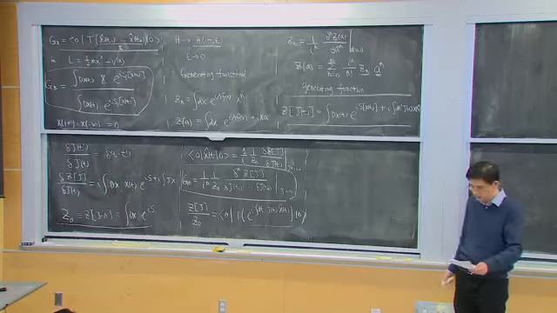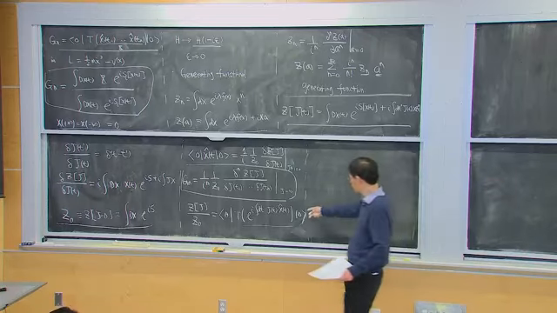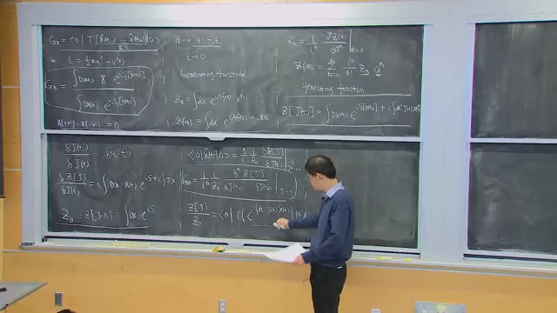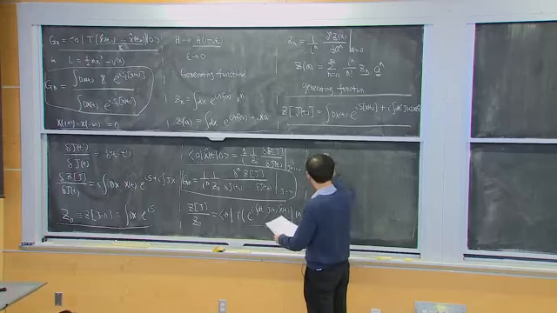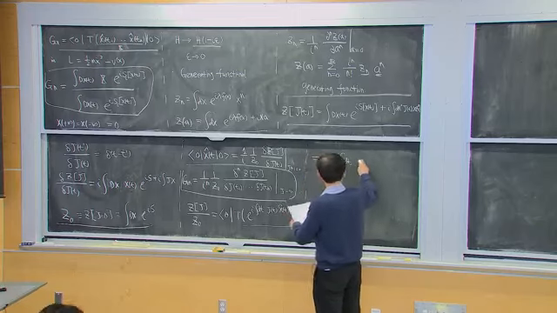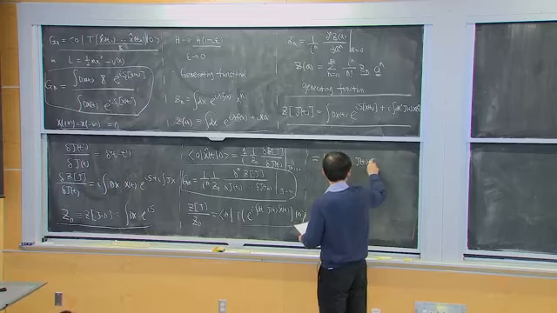So now I can also write this object. When you expand it, the first term is just 1, and the next term is the integral dt jt, then the 1-point function.